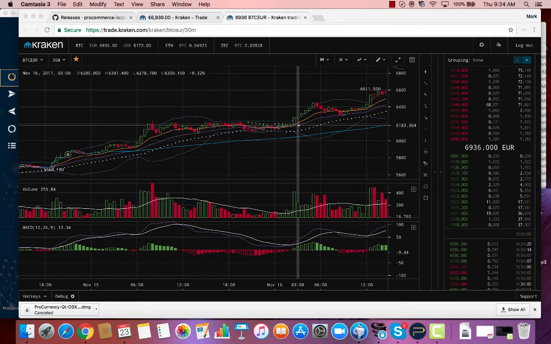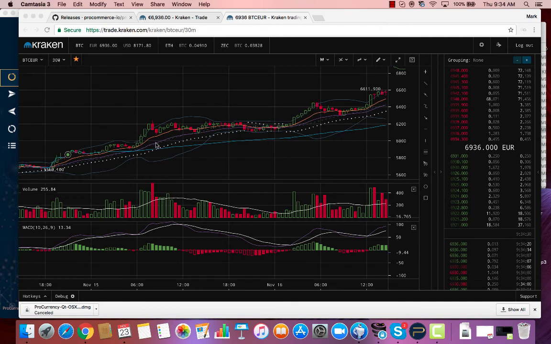So let's just start out with the indicators that I use. If we look at the top segment, we can see that we have several things going on here. We have this orange line, a purple line, and a blue line. And what this represents basically is an exponential moving average.